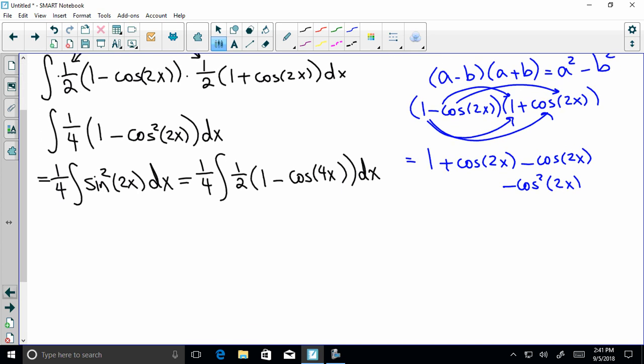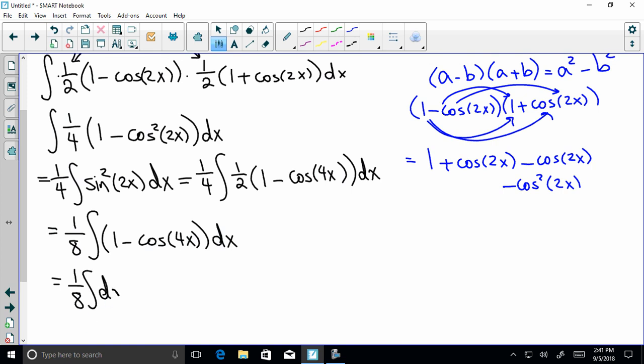So 1/4 times 1/2 is 1 over 8. Integral of 1 minus cosine of 4x dx. Now here, I can split this up into 1 over 8 integral of dx minus 1 over 8 integral of cosine of 4x dx.